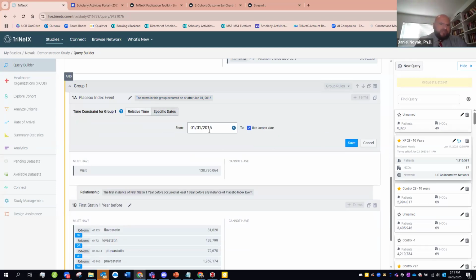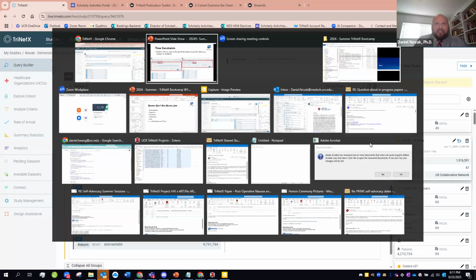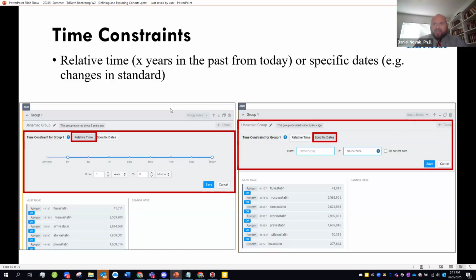Or you can enter specific dates. In this case, I arbitrarily chose January 1st, 2015 to today. So we have a good chunk of years in there to collect data, and that allows us to capture a lot of people in there. So those are some things to keep in mind in terms of your time constraints. I find those really valuable, and we use them all the time in different kinds of studies.